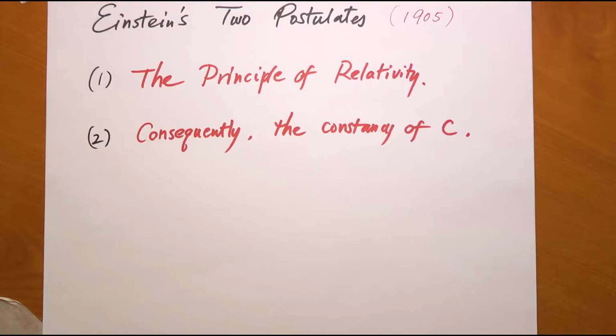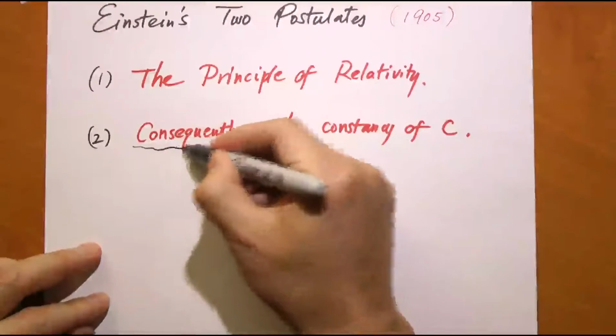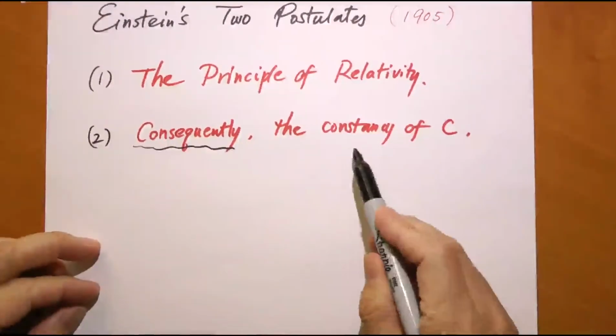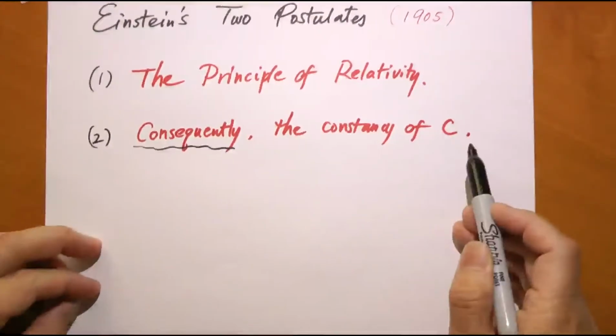The principle of relativity says all the laws of physics, not just mechanics, must be the same in all inertial frames of reference. That's postulate number one. And if you believe in this postulate, then you must also arrive at this stunning conclusion that the speed of light in vacuum must be a constant.